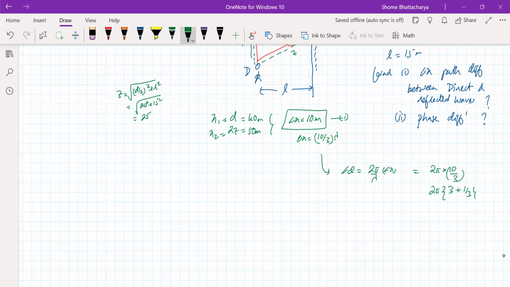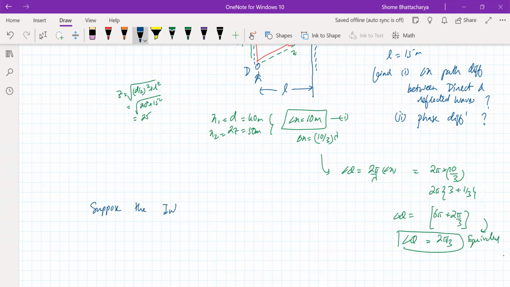So it is 6 pi plus 2 pi by 3. Now 6 pi is as good as 0. So it's basically 2 pi by 3. Our actual phase difference is this much, but it is equivalent to this much.